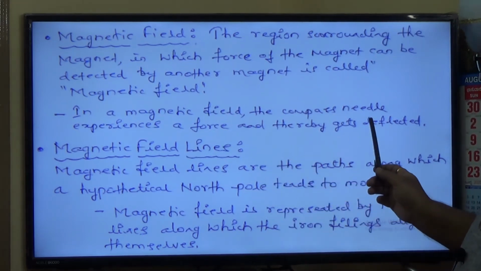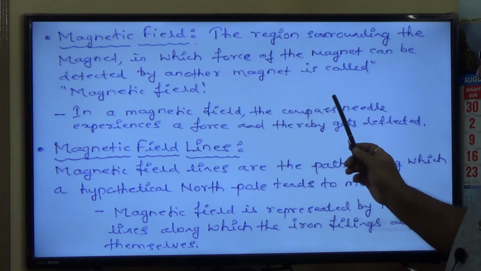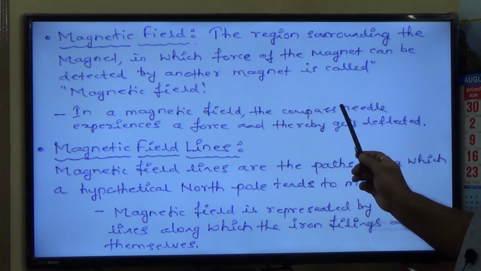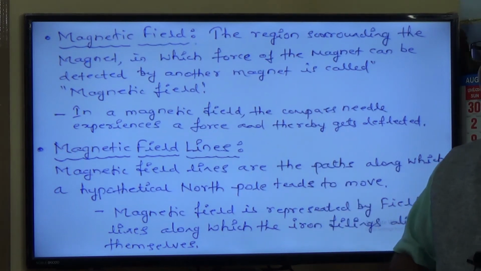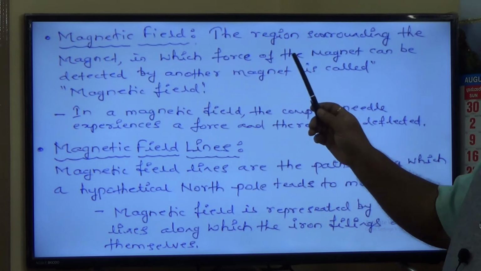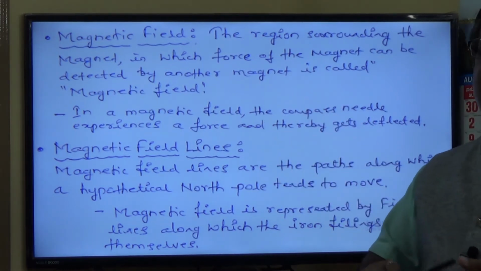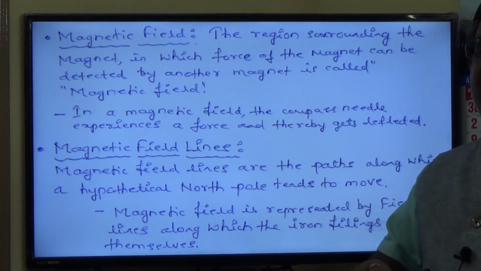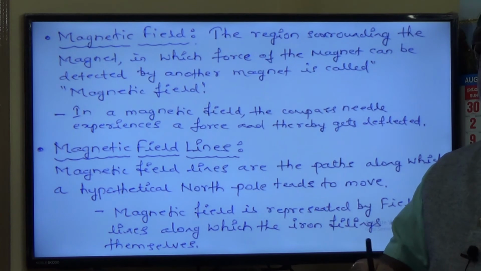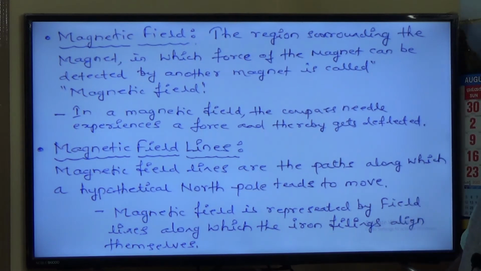And why does the magnetic needle or compass deflect? Because the compass needle is also made up of a magnet, and therefore whenever that magnet is brought in the vicinity of the magnet, it will experience a force and get deflected. In the absence of a magnetic field, the magnetic compass or the needle points towards approximately the geographical north and geographical south poles.